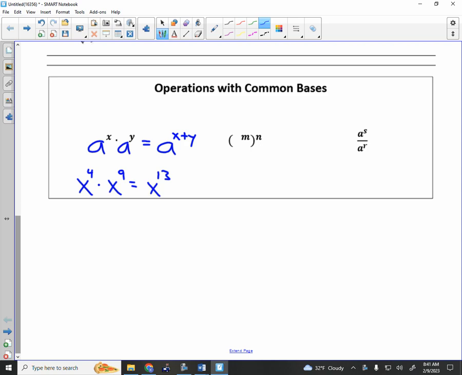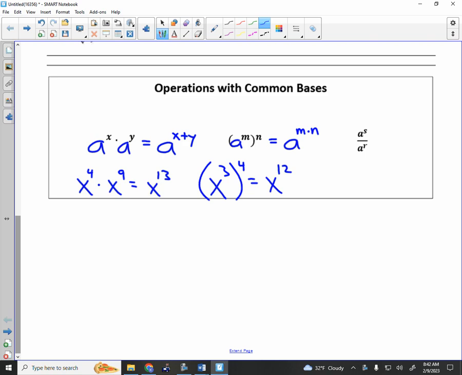You would have focused a lot on that back in your intermediate algebra class as well as your algebra 2 class. Suppose you have a base with an exponent and it's taken to a power. A to the mn, that would be the same as a to the m times n. So for example, if you have x to the 3rd and you're going to raise that to the 4th power, that would be x to the 12th power.